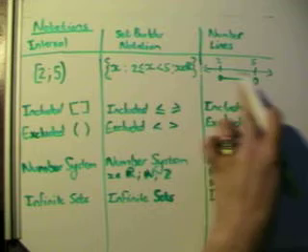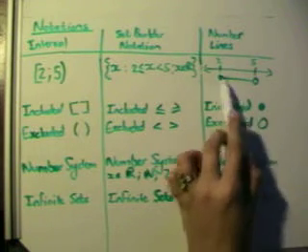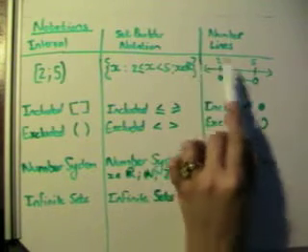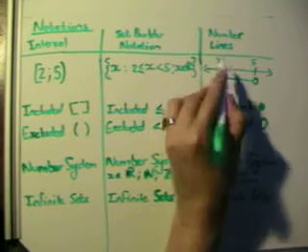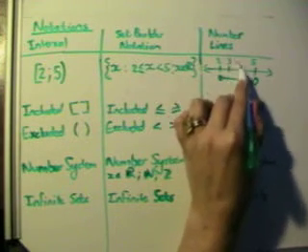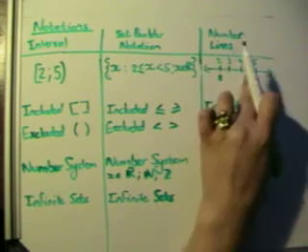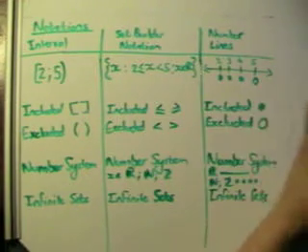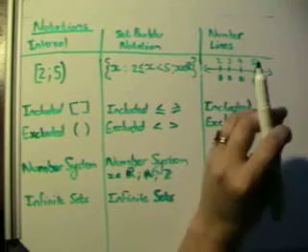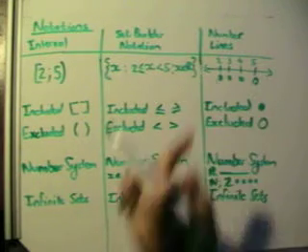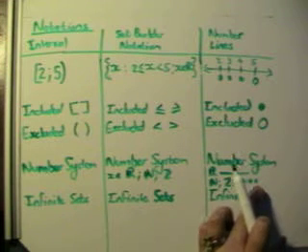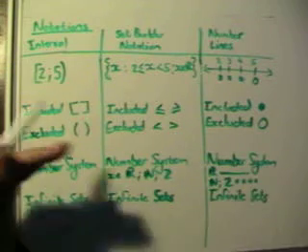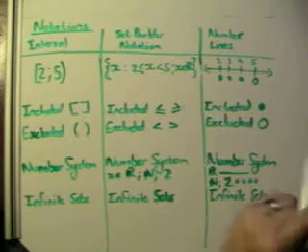So if this set was natural numbers and not real numbers, I will make extra lines there for 2, 3, 4 and 5, and then I will make separate dots to show that I'm not working with all of the numbers from 2 to 5, I'm working with the specific loose numbers. That's how you show the type of number system on a number line. If it's loose numbers, you make dots. If it's all of the numbers included from one point to another, you just make a line.